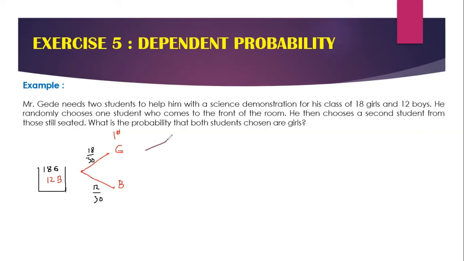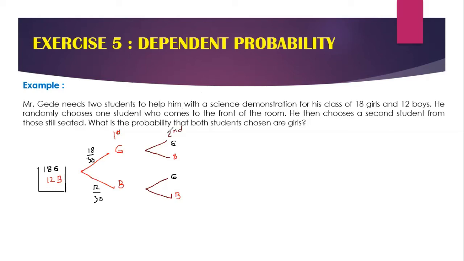Now is the second case. Here is girl, boy. We're going to write or define the probability.